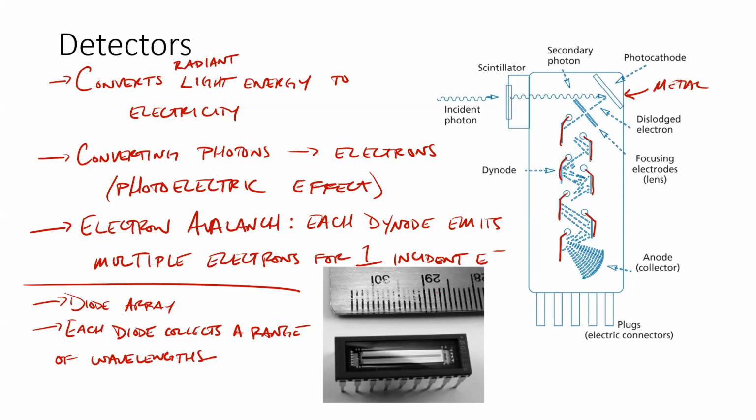The more diodes, the fewer wavelengths go into each diode, right? And so you have a smaller bandwidth. And so an increased number of diodes means a smaller bandwidth in a diode array instrument.